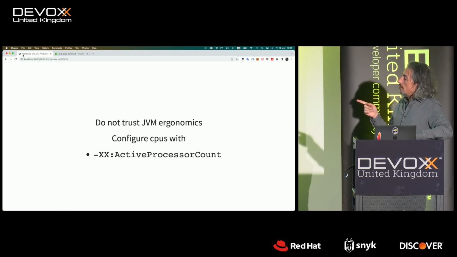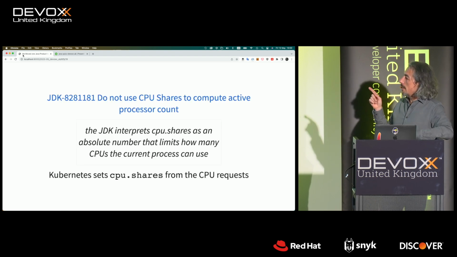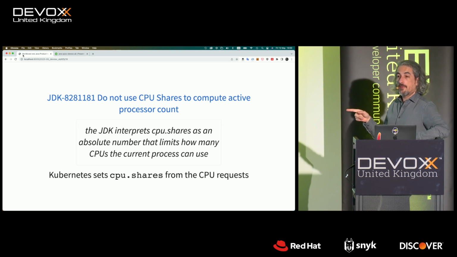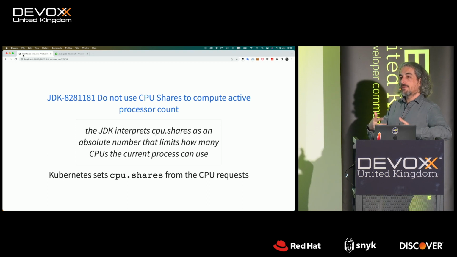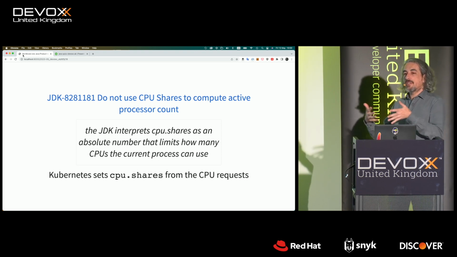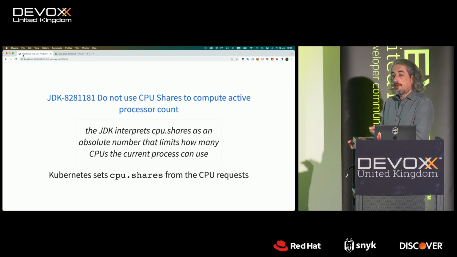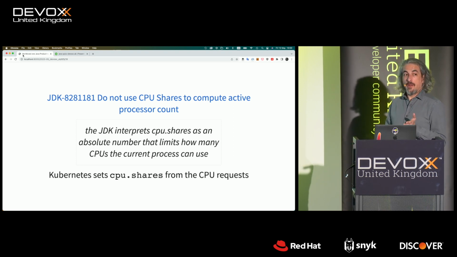Because what happens is, this will bite you when you run on a machine with 32 CPUs, 64, 128, a very big machine. Imagine you run on a very big machine and the JVM gets the number of CPUs wrong. Now your thread pools and everything that the JVM sizes based on the number of CPUs that it thinks are available are going to be changed greatly.